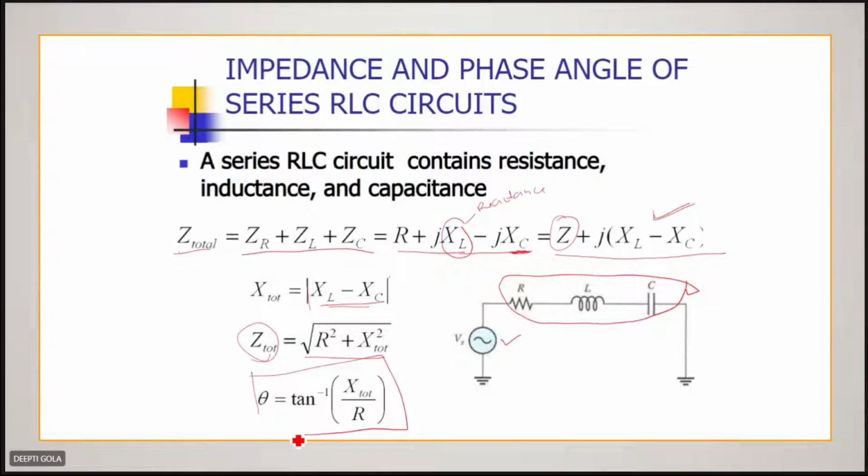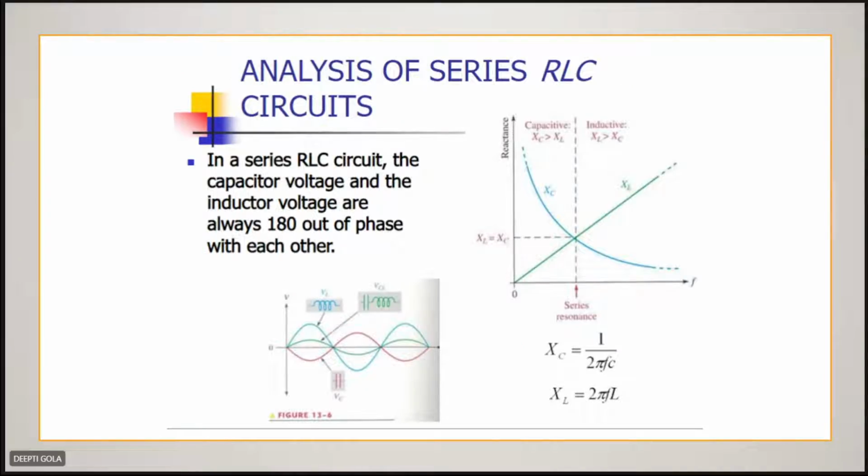Theta equals tan inverse of X total, meaning the imaginary portion upon the real part. So this is the impedance and the phase angle of an RLC circuit.